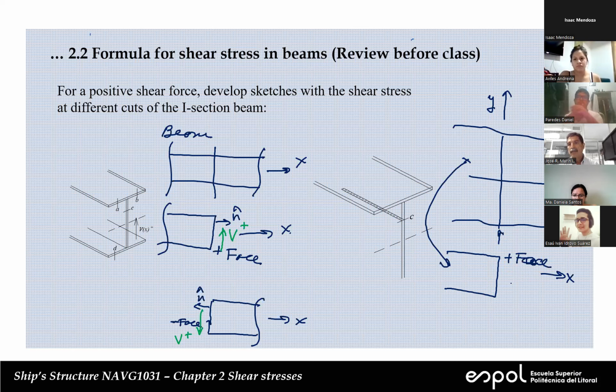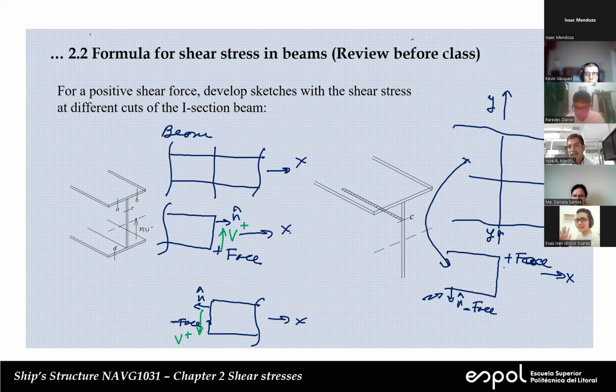And now comes the question. This one here is a positive or negative cut, Y cut? People, this is a Y direction. This is a normal. Negative. Exactly. It's a negative phase.